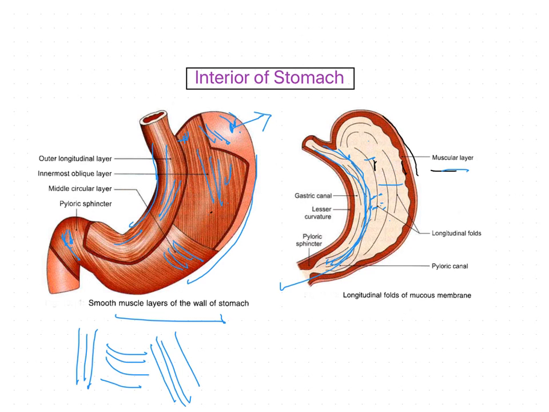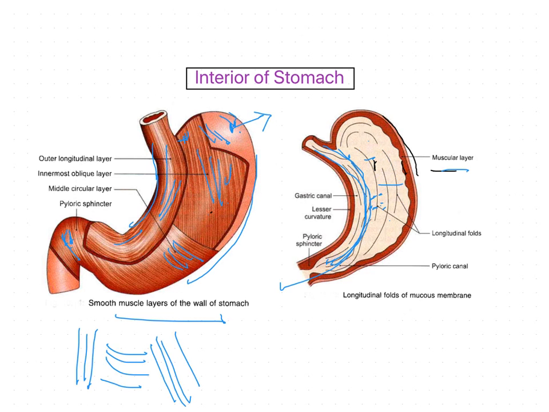Okay, normally if you see the clinical anatomy, gastric pain is commonly felt in the epigastrium because the stomach is supplied from segments T6 to T9 of the spinal cord.